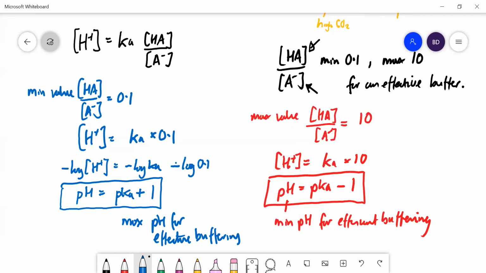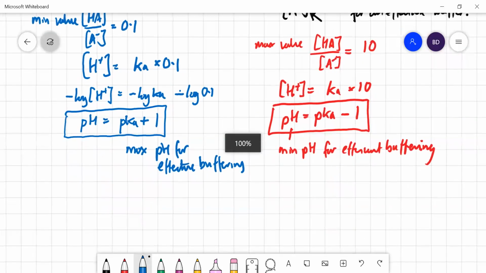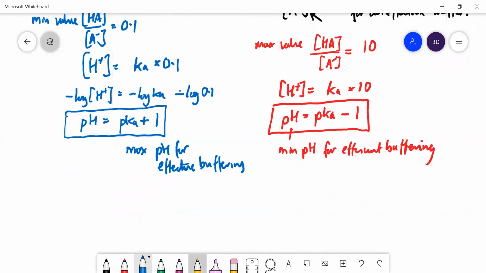Okay, and just to round it off, because we did say earlier, an acid and its conjugate base can buffer in the range plus or minus 1 pH unit around the pKa value.